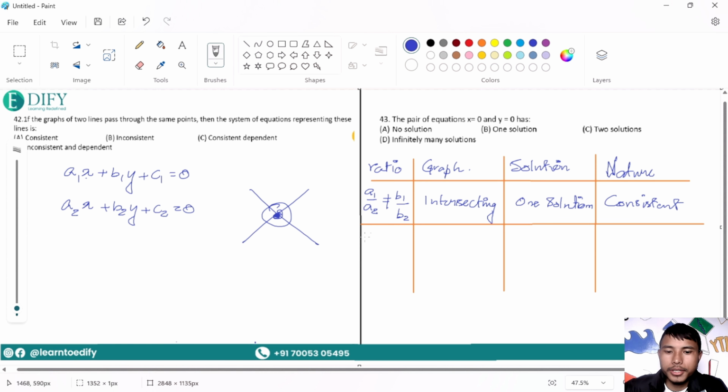The next ratio is a1 by a2 equals b1 by b2, and this is equal to c1 by c2.